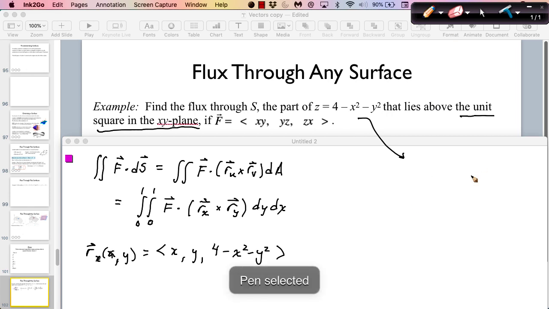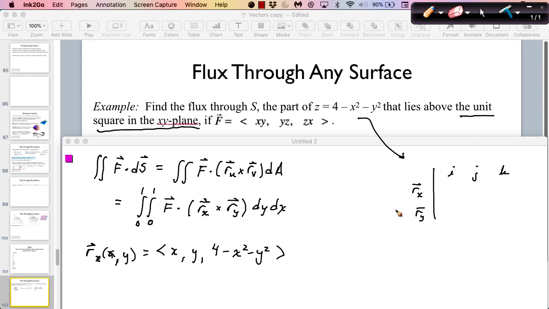Here we go. We got time? Yeah, we're good. Okay, so the partial with respect to x is 1, 0, and you get minus 2x. Partial with respect to y is 0, 1, and you get minus 2y.